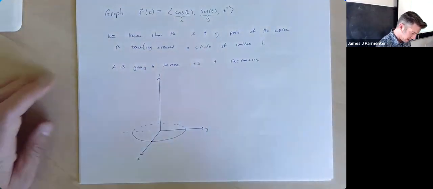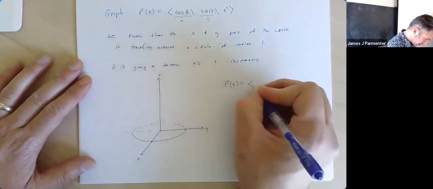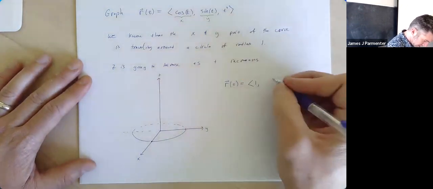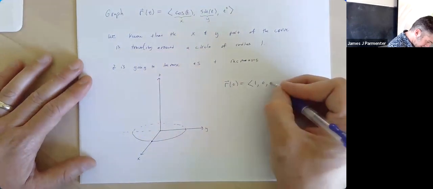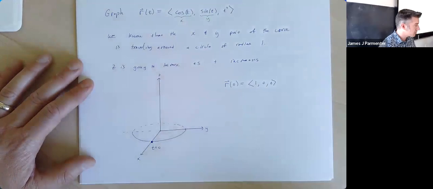And so at time equals 0, r of 0 is just going to be cosine of 0, which is 1, sine of 0, which is 0, and 0 squared, which is 0. So we're starting right there at time equals 0.